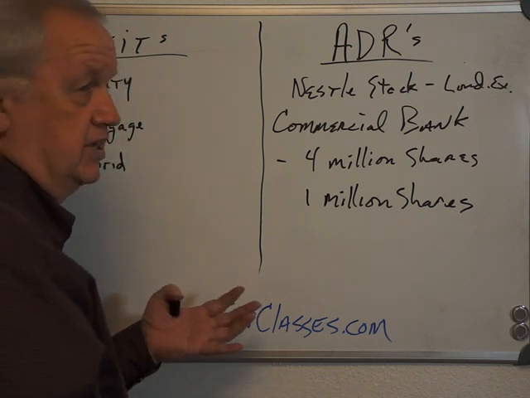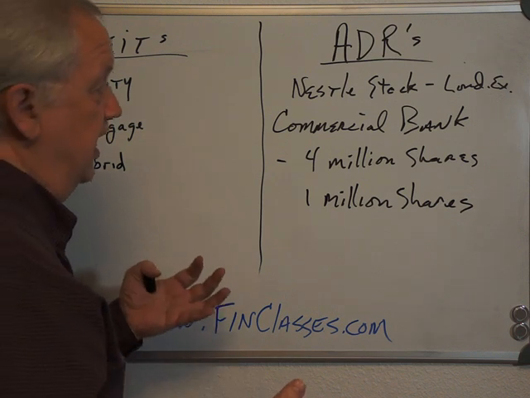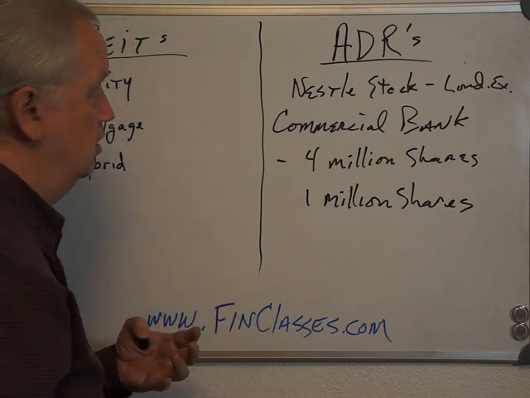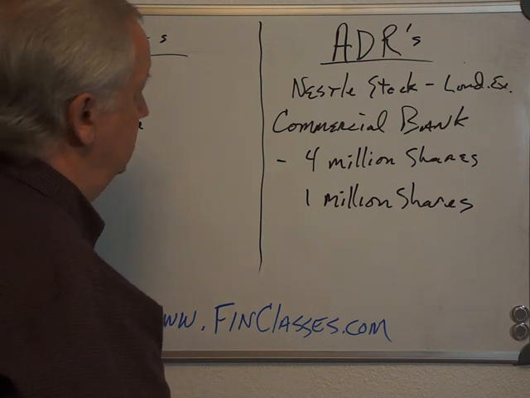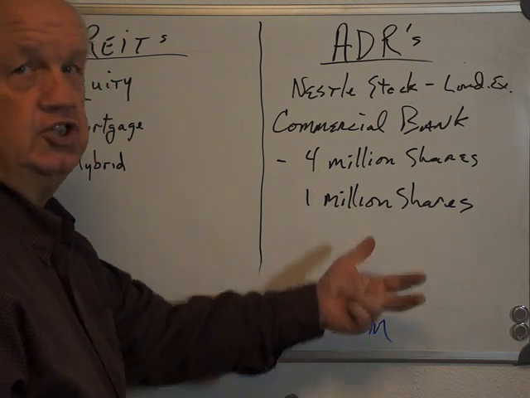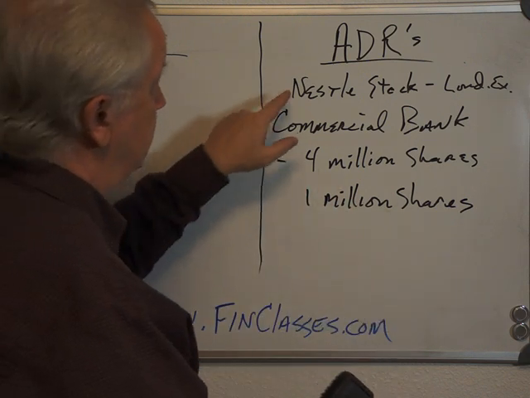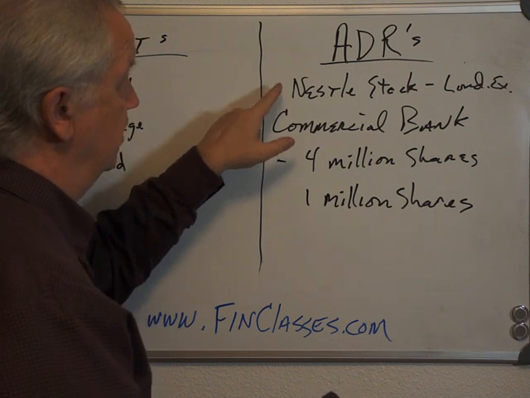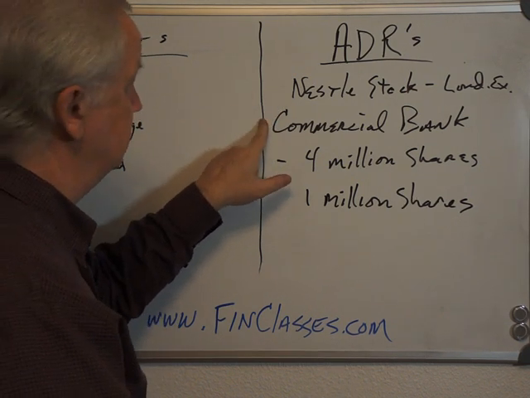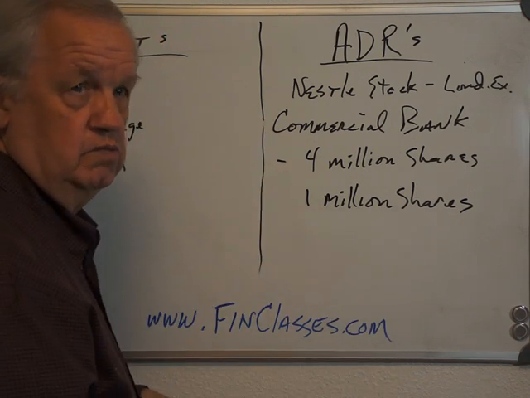This could go through NASDAQ. A lot of times it's going to go through NASDAQ simply because it's going to be cheaper. So what's the benefit of getting it? Most definitely saving transaction costs and the exchange rate between euros and dollars. Because when Nestle pays a dividend, they're going to pay the dividend in euros to the bank. And the bank is going to convert that and send it out to the shareholders.